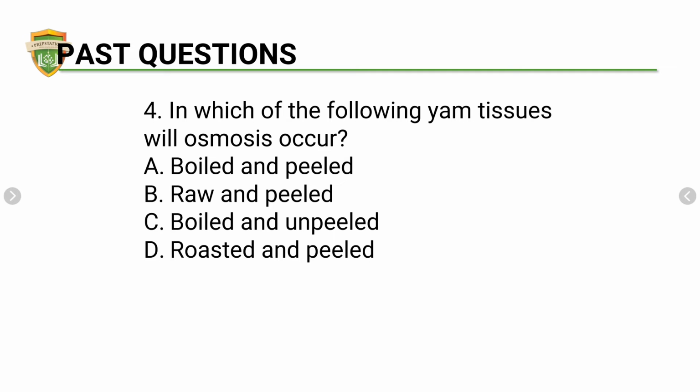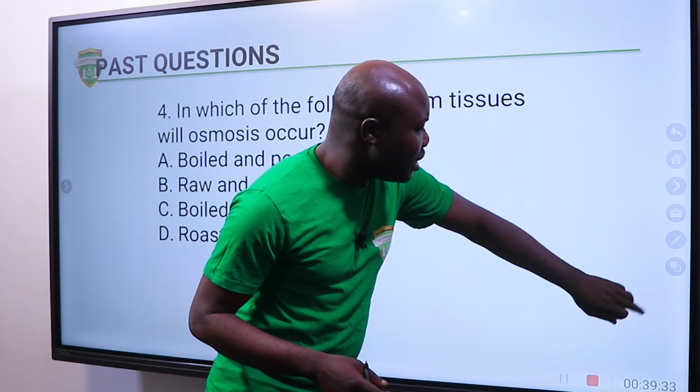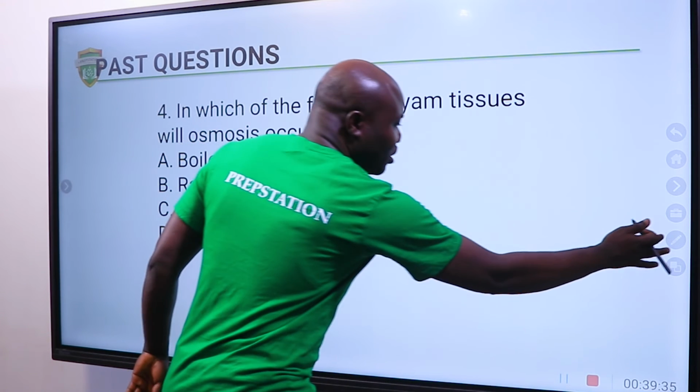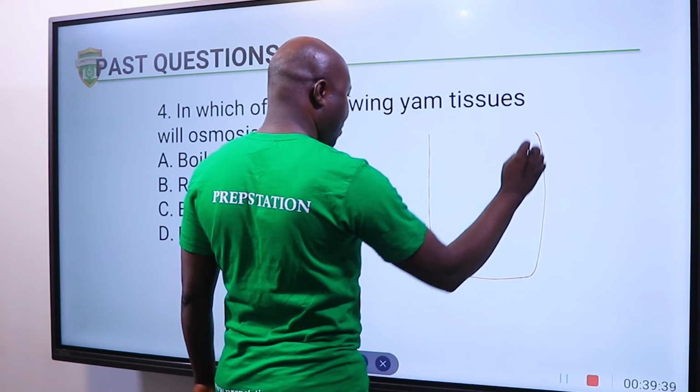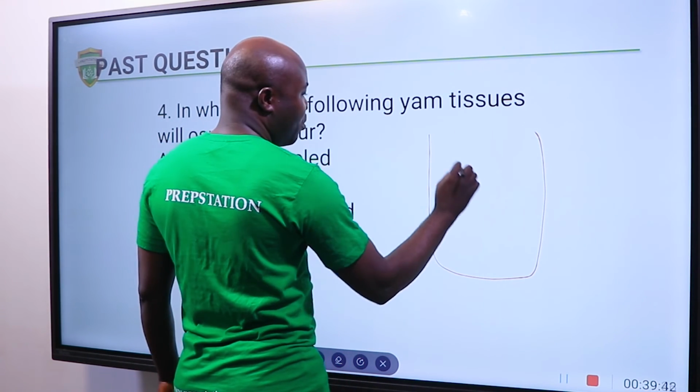In which of the following yam tubers will osmosis occur? So let's look at it. Of course, yam is a semi-permeable membrane. You may try this at home. Is that clear? You may try this at home, do the experiment, just get a bowl, fill it with water.